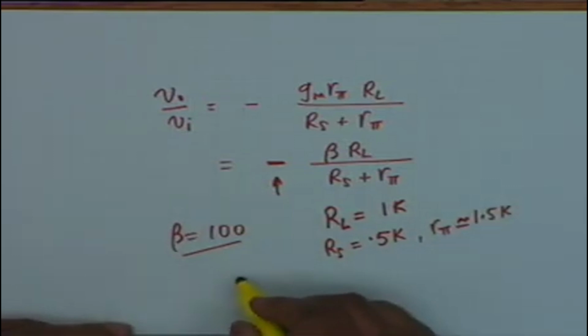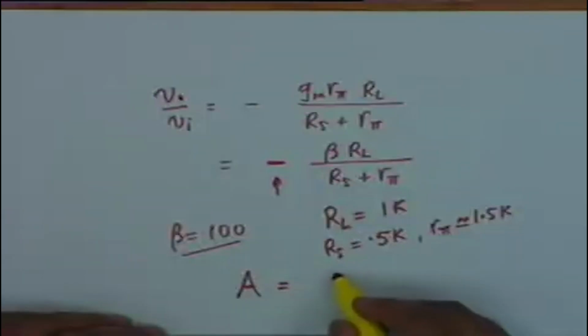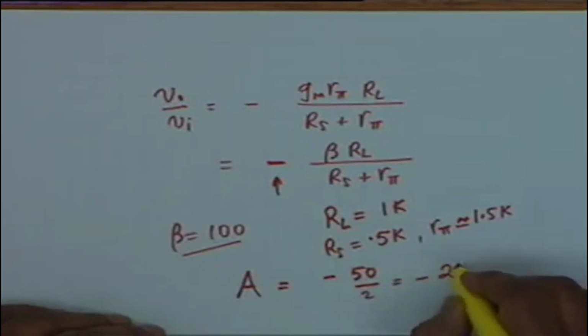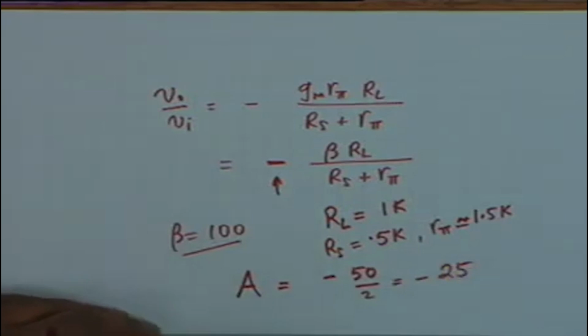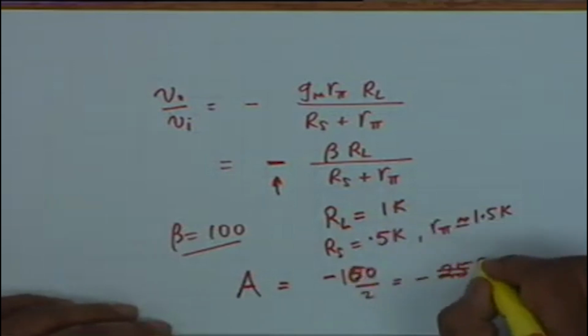Then you see that the gain, which is usually represented by the letter A standing for amplification, for this typical circuit is minus 50 divided by 2, that is equal to minus 25. Oh, beta is 100, okay. So, this would be minus 50.